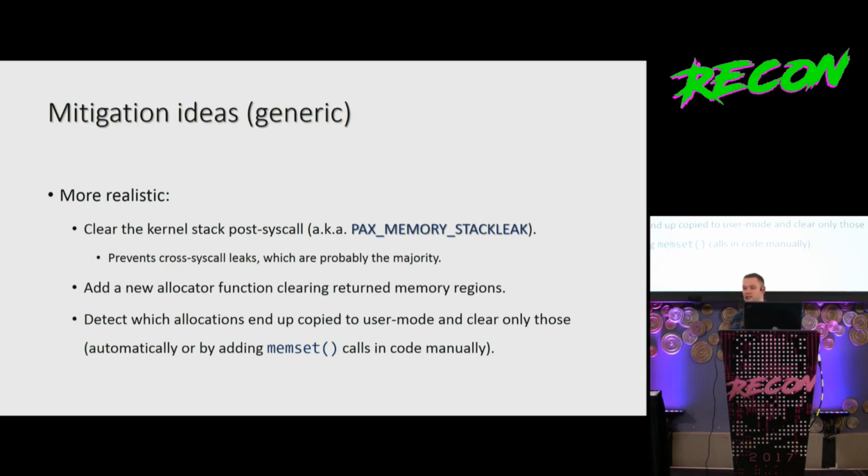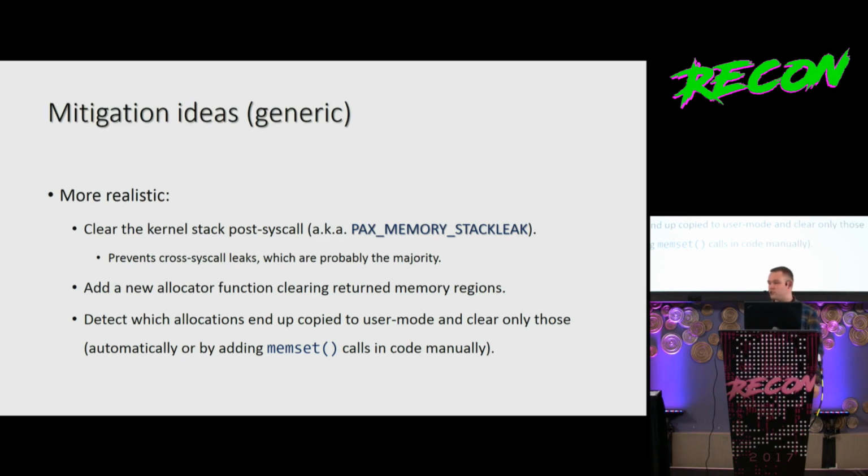Some more realistic types of mitigations could be to implement something that is already seen in Linux, called the PaX memory stack leak option, which clears the whole stack in between system calls, which prevents leaking data between the system calls, which I think is the majority of cases. They could also add a new allocator that just clears the returned memory region already. Doesn't make the user do it, but they could just do it by themselves by adding new functions for that.